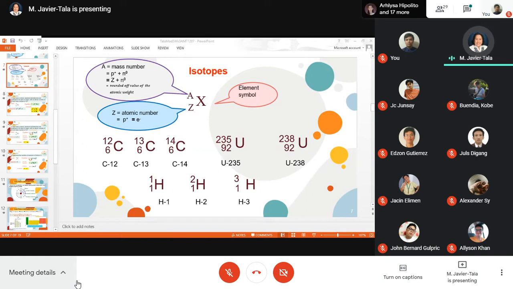Aside from the X, A, Z notation, you can also write it based on the mass number. Carbon can be written as carbon 12, 13, and 14, referring to the isotope that has a mass number of 12, 13, or 14. The numbers beside them are their mass numbers, although they all have an atomic number of 6.